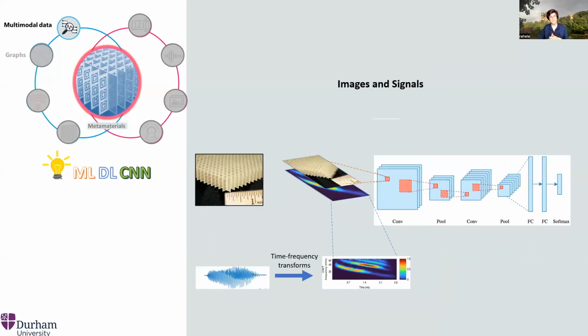The other thing that may happen is that I have some images and some signals. What should I do now? And this is a subject that I really like. This is a subject of taking a signal as input and producing information in the shape of an image as output. So time frequency transforms are the best solution for such work.